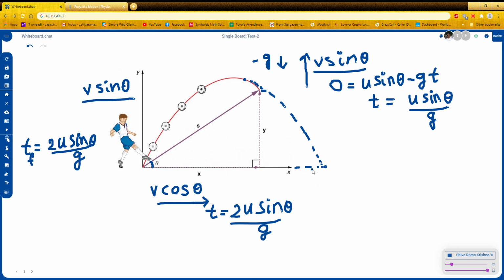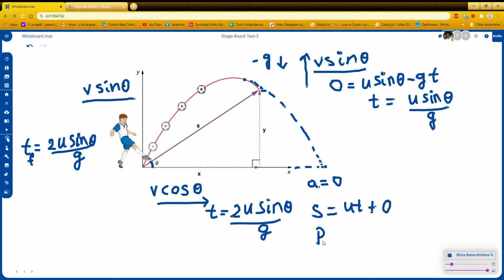Okay, so how do we find the range? Range is just the total distance, and since there is no air friction or external force acting on it, we can say that acceleration in the x direction is 0. So what is the distance traveled? Ut plus half at square, but a is 0, so that term is 0.